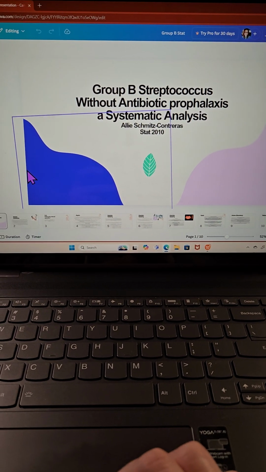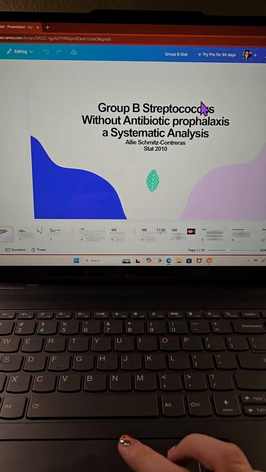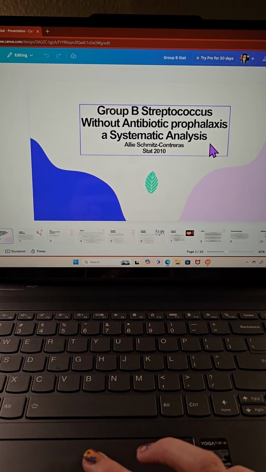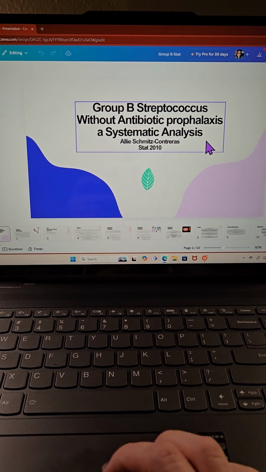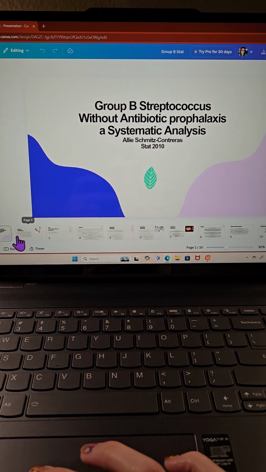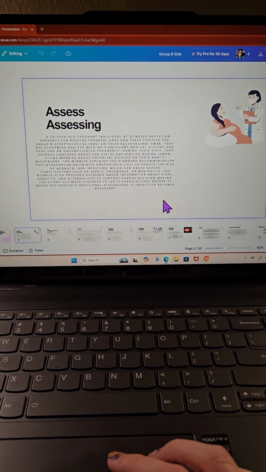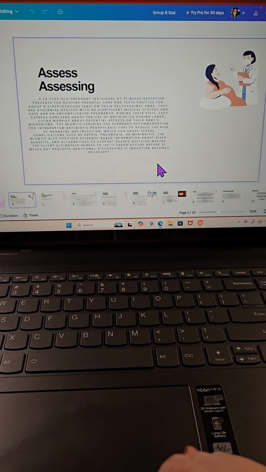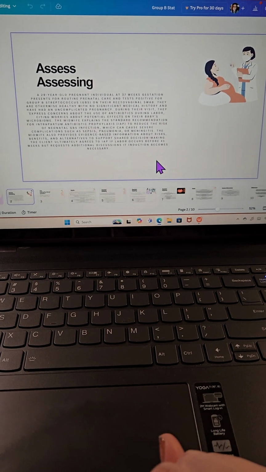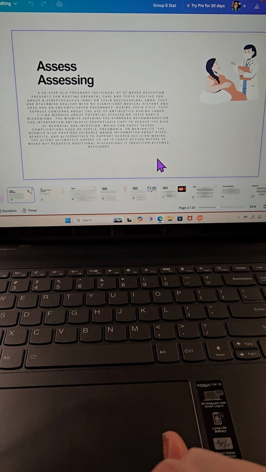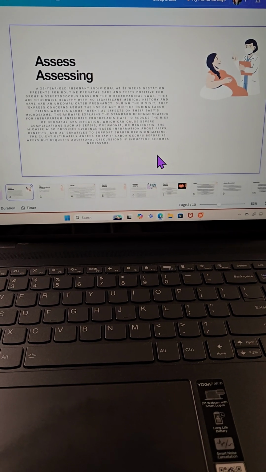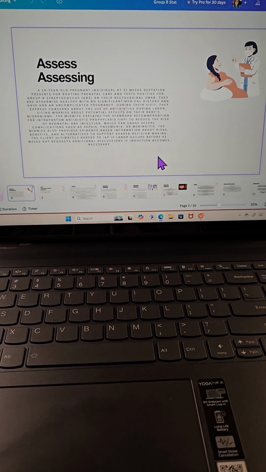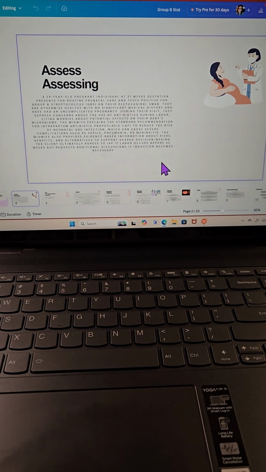This was my project on Group B Streptococcus without antibiotics and prophylaxis, a systematic analysis. For the first part of my project, I was assessing a pregnant person coming in at 37 weeks, 29 years old.